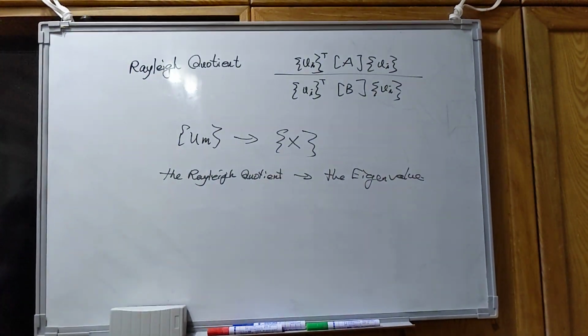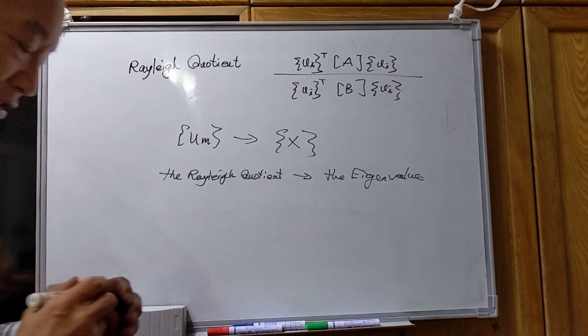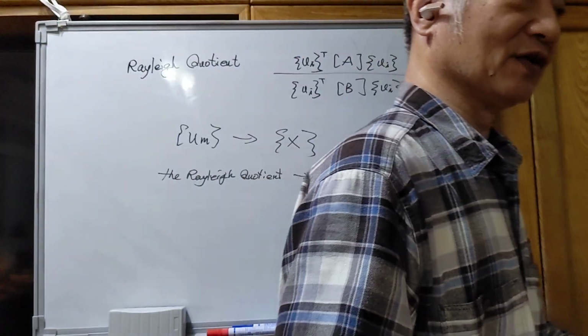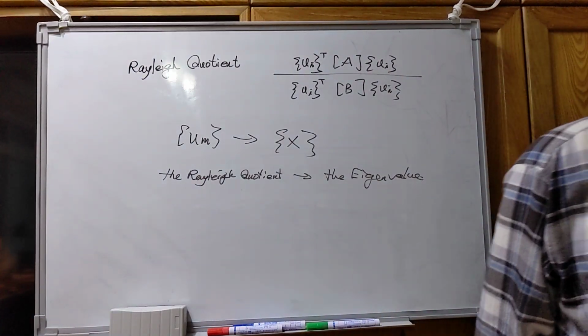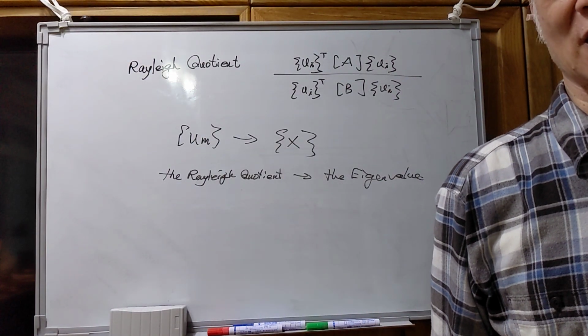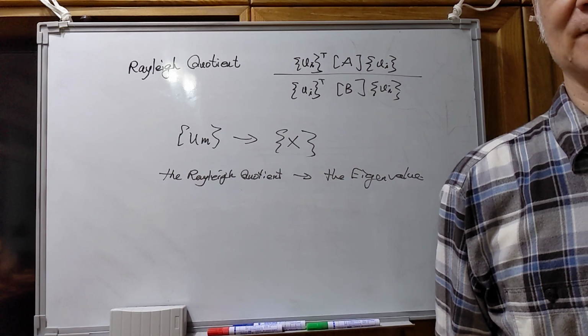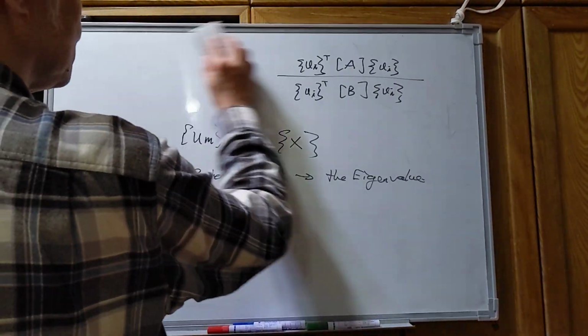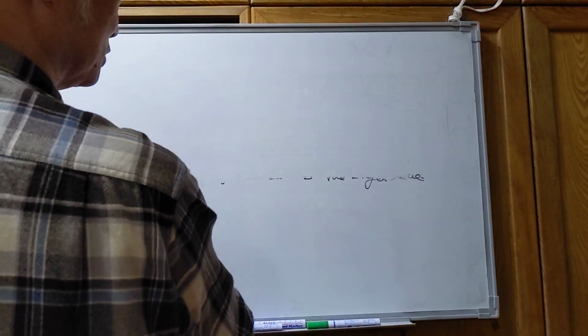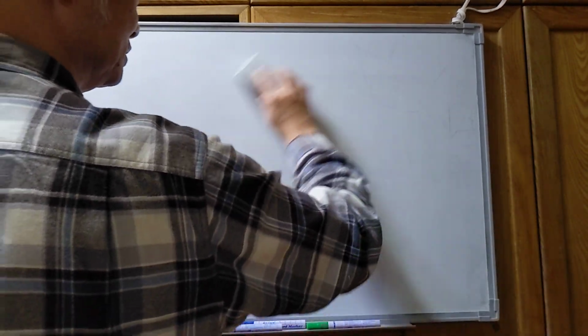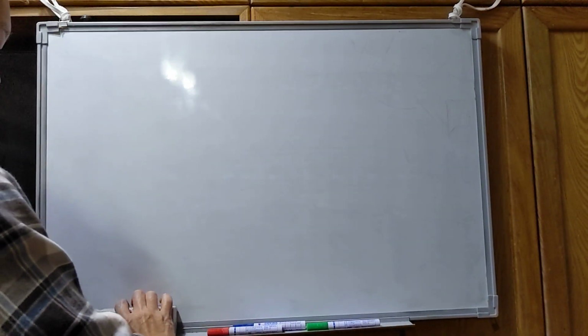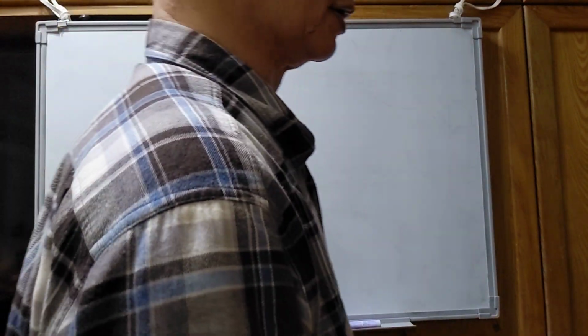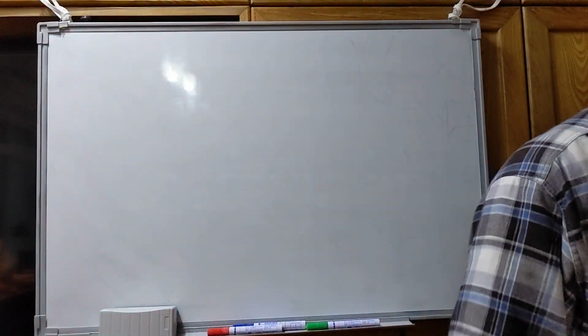Okay, so after several iterations, the iterated vector will approach one of the eigenvectors, and the Rayleigh quotient will approach the eigenvalue. Okay, so then I will prove why the inverse iteration method will help us get the approximate eigenvector and the approximate eigenvalue.